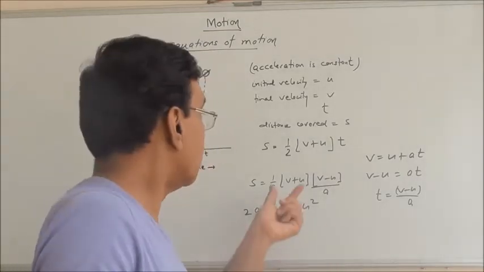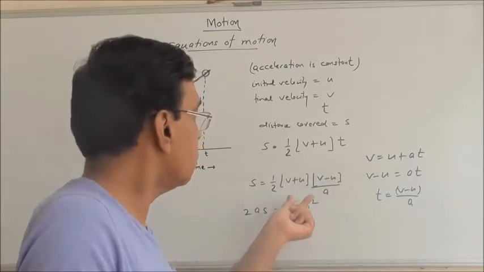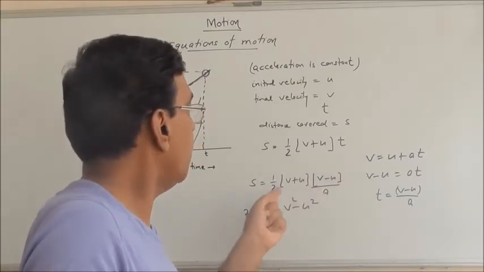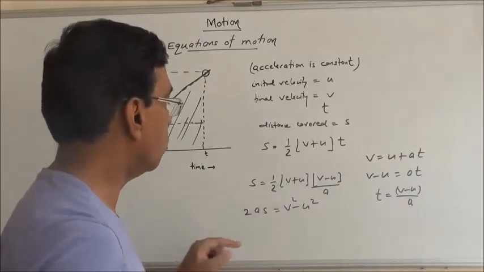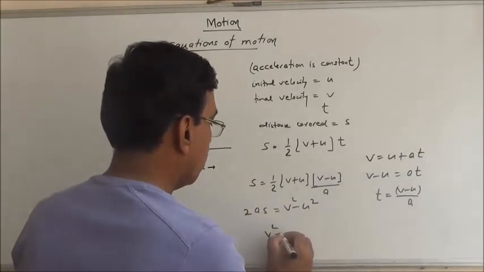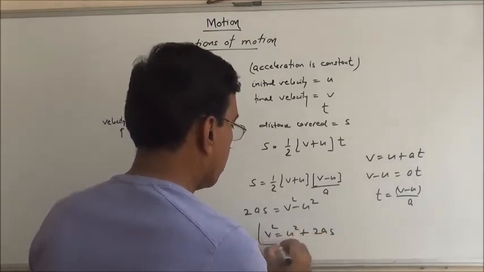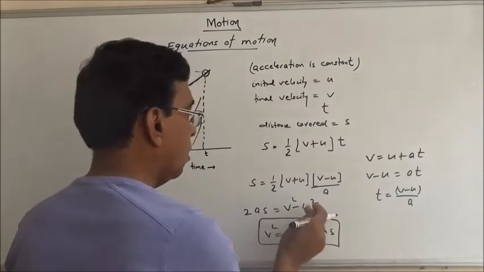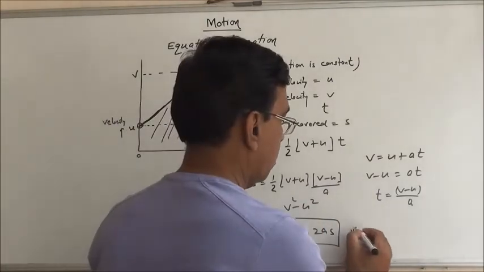I have used that identity here. v plus u, v minus u can be written as v square minus u square. And 2a gets multiplied here, cross multiply. 2as is equal to this, or v square is equal to u square plus 2as. Took this to this side. So this is the third equation.